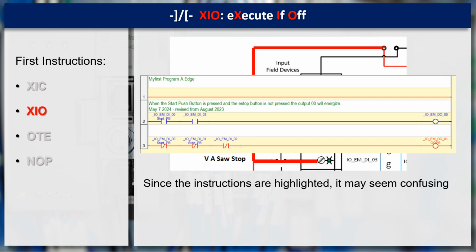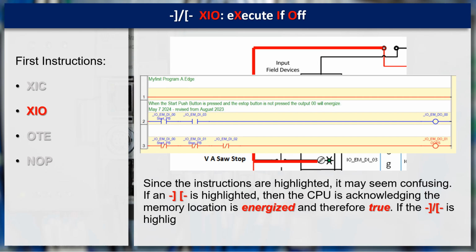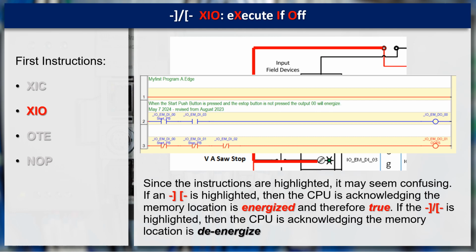Since the instructions are highlighted, it may seem confusing. If an XIC is highlighted, then the CPU is acknowledging the memory location is energized and therefore true. If the XIO is highlighted, then the CPU is acknowledging the memory location is de-energized and therefore true.